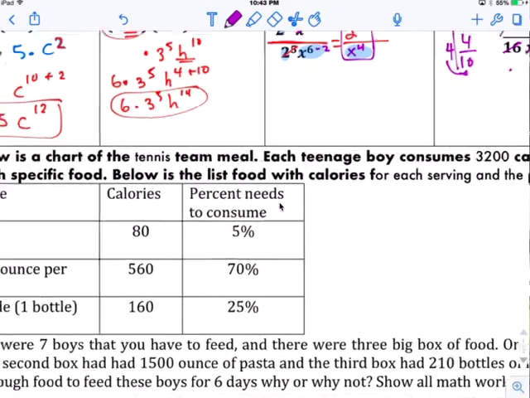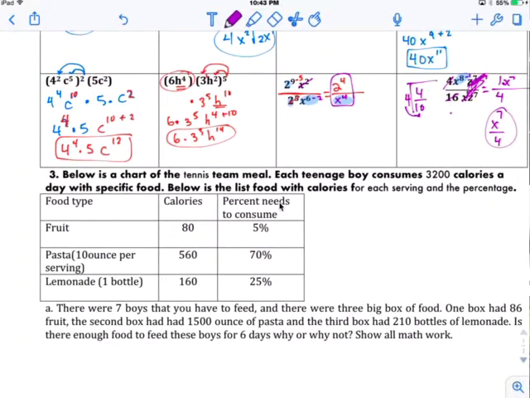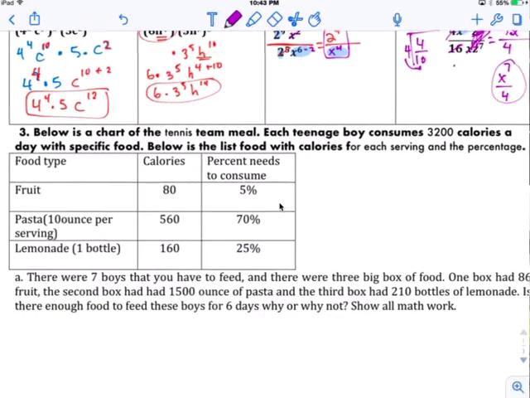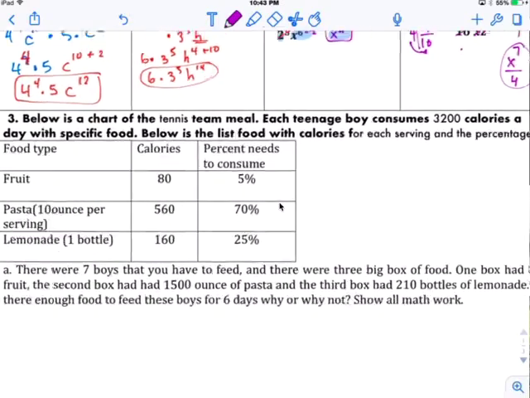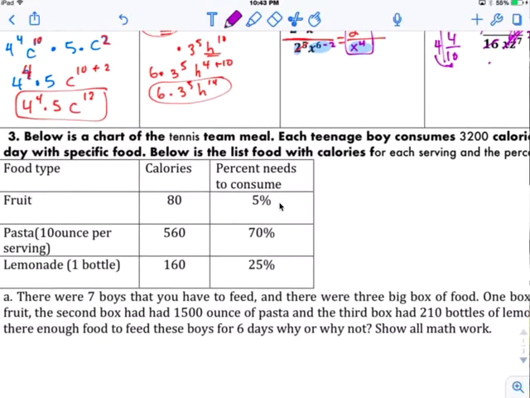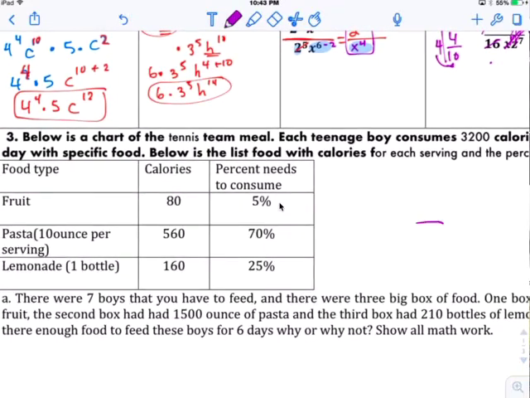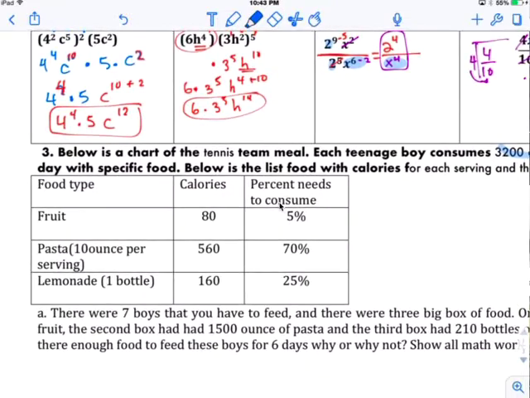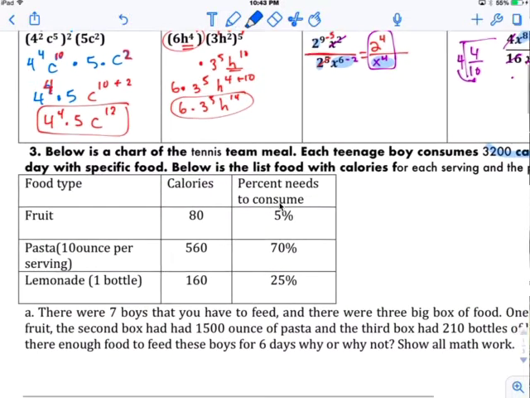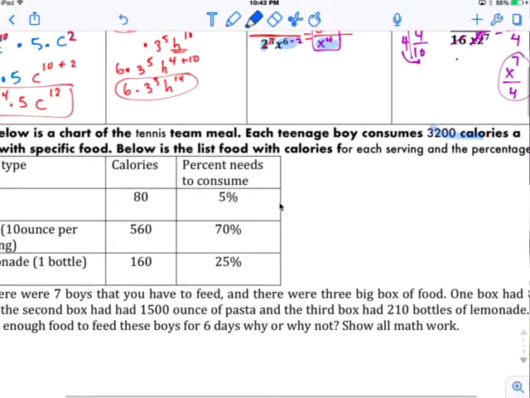Okay, this one here. Well, we've done a lot of this, right? I'm going to try to remember to do, okay. Below is a chart of a tennis team meal. Each teenage boy consumes this many calories a day with specific food. Below is the list of food with calories for each serving and percentage.